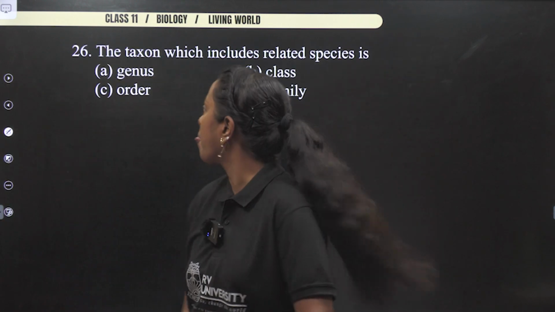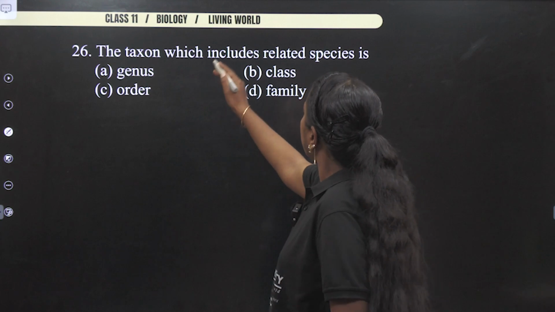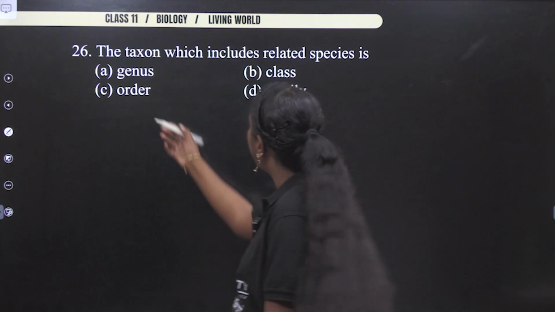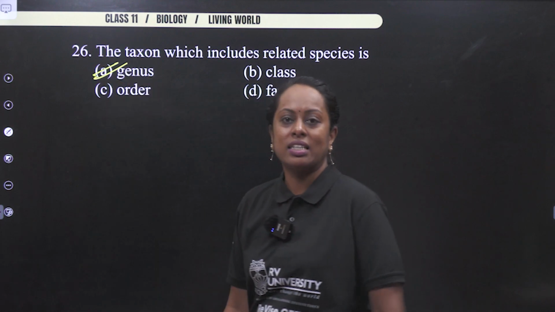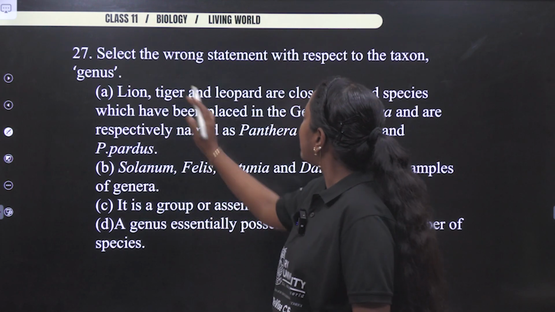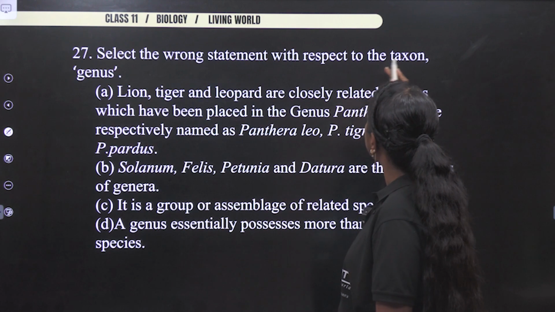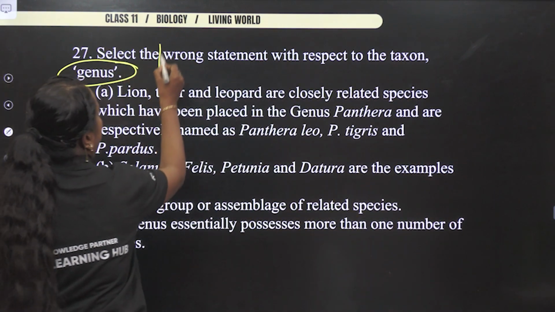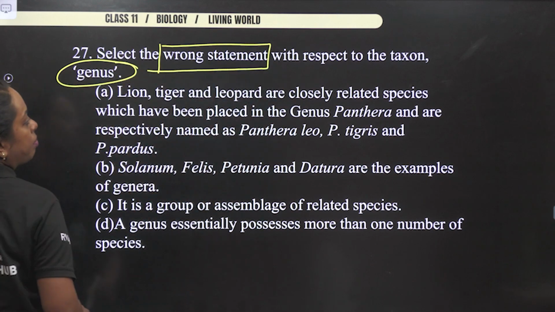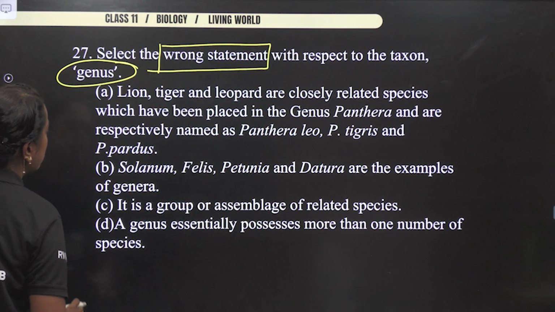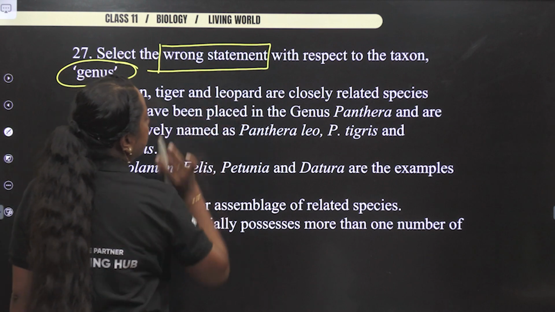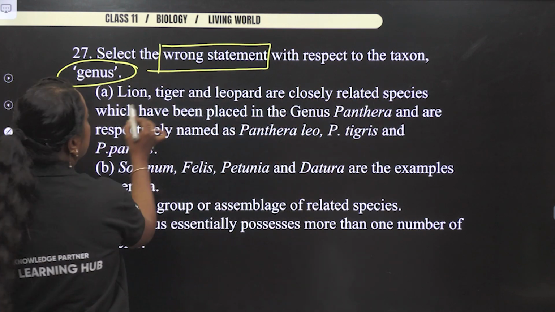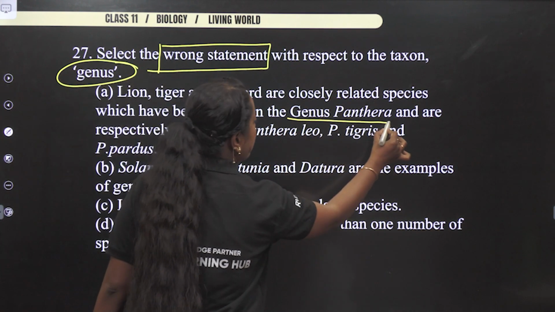Okay, next question. The taxon which includes related species is, obviously it is going to be what? Genus. Okay. Next, select the wrong statement with respect to the taxon. I'm highlighting wrong statement. Okay, now let us see what is the wrong statement. Lion, tiger, leopard, all are wild cats, closely related species which have been placed under the genus Panthera.